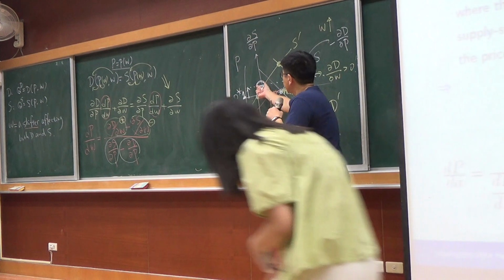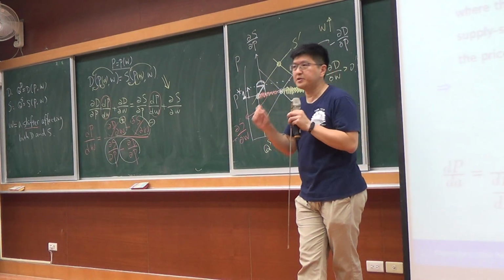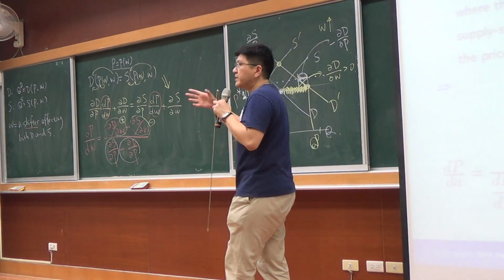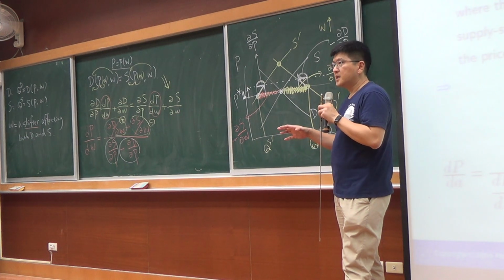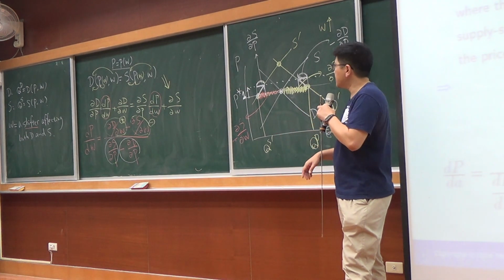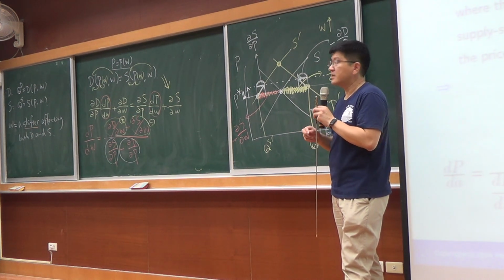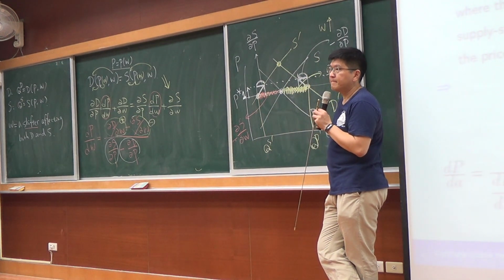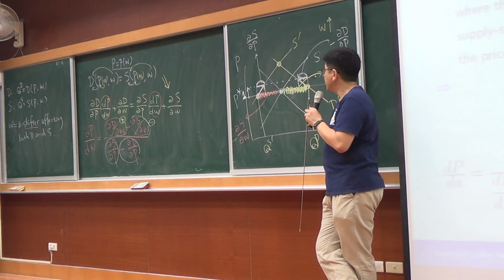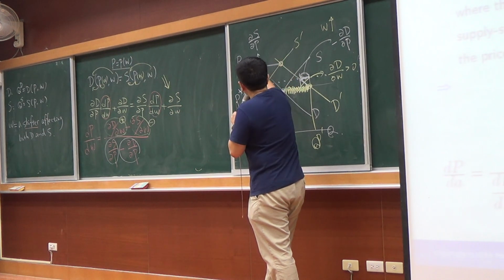So the sum of these two lengths means for each unit change in price, how many units of change in quantity.